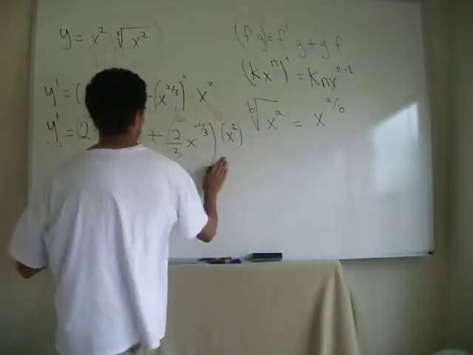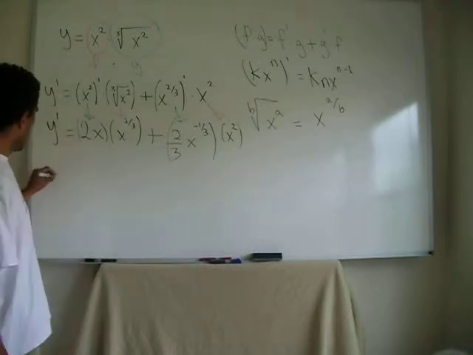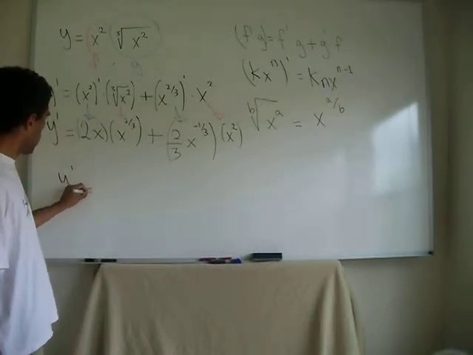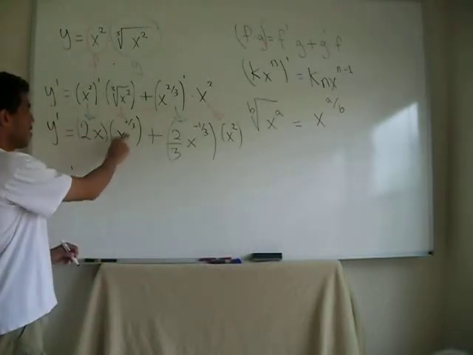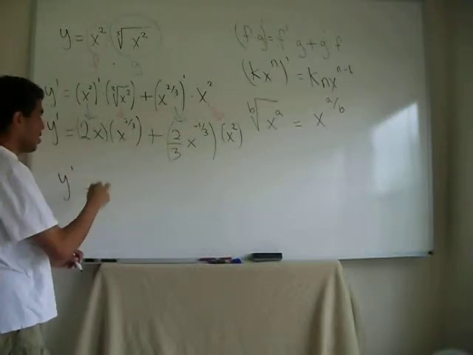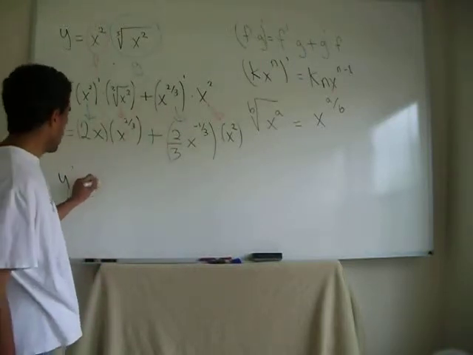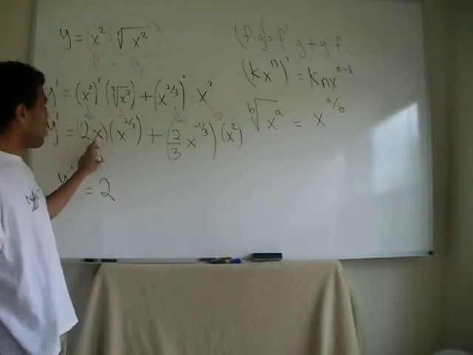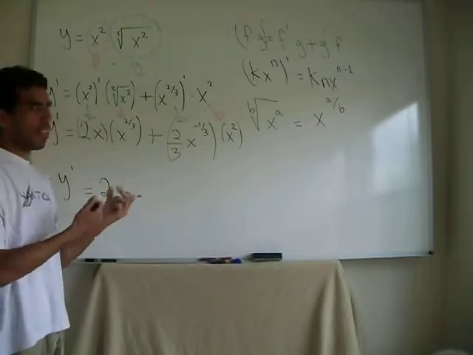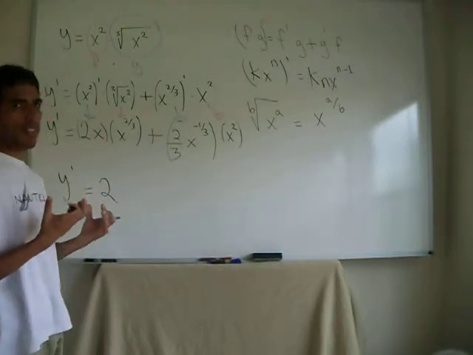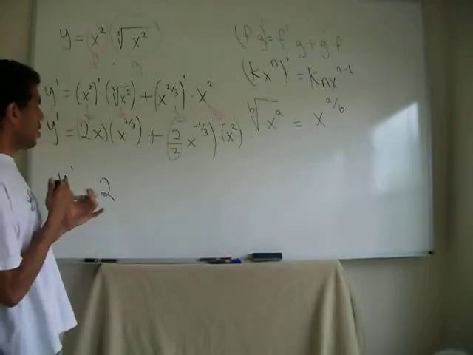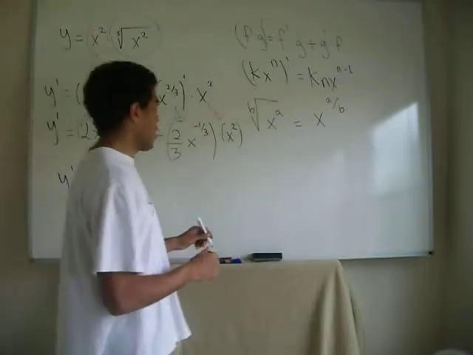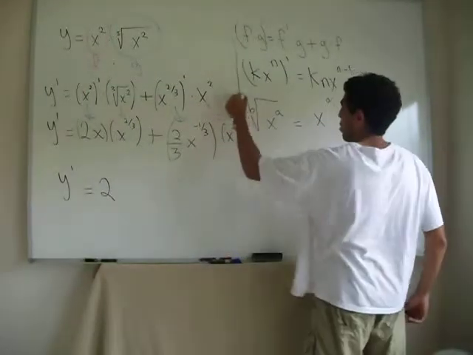y prime equals 2x times x to the 2/3. Now here's something interesting, okay? When we have x, the same base, but different exponents, what is it that we have to do? Well, we just add the exponents, okay? And we can write that so that here, okay?